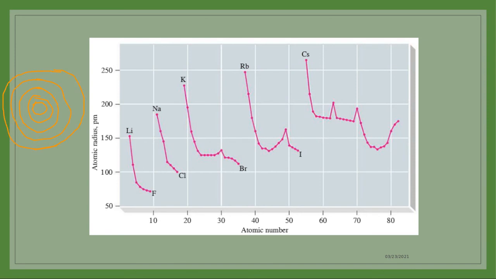This radius will be increasing. So we can say here, while we go from up to down, the atomic radius is increasing. Okay, don't forget that.